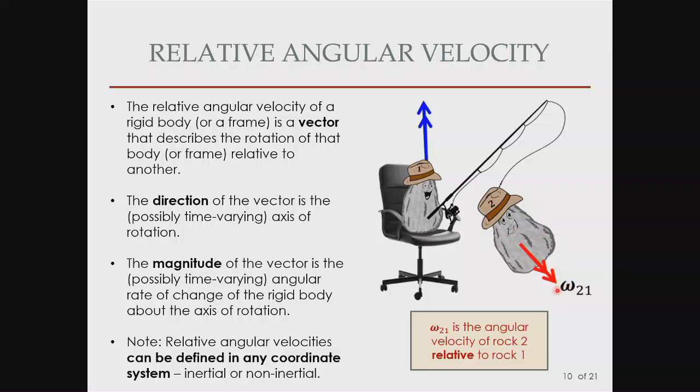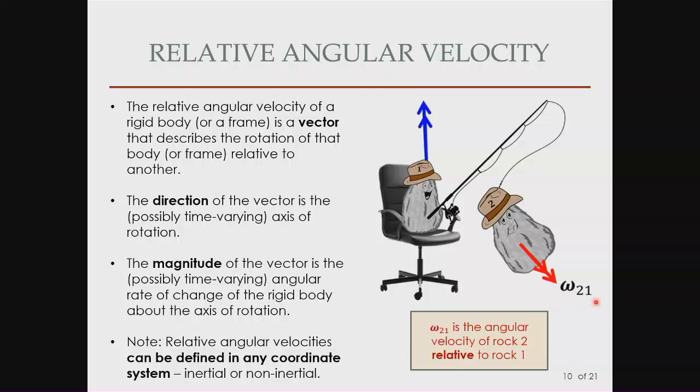The magnitude of this rotation is the same as the angular rate of change, as we talked about before. I'll give you examples. It will be clearer. So the magnitude is the angular rate of change, and the direction of the vector is the axis of rotation of that body, body 2 in this case, relative to body 1.